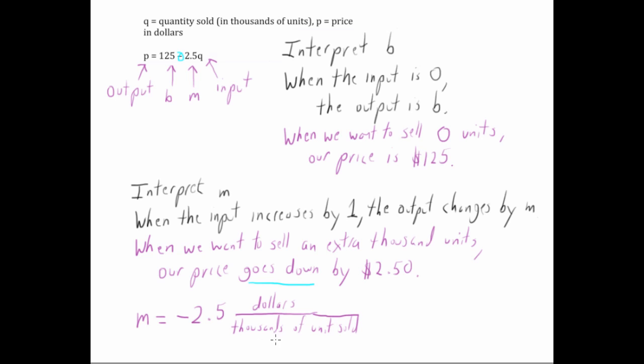So for every 1,000 more widgets we want to sell, we want to decrease the price by $2.50. If you follow these templates, you're going to be following what I want to see when you interpret a slope and an intercept.